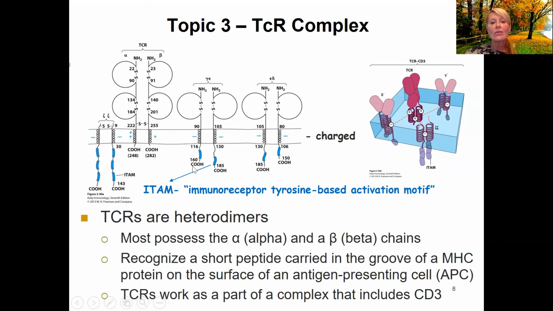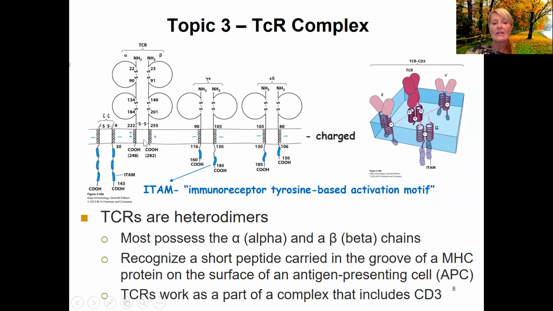Okay, so the CD3 is composed of a set of dimers, 3 dimers, and you can see that here. And these dimers are interesting because the first thing you'll notice is they have longer cytoplasmic tails.